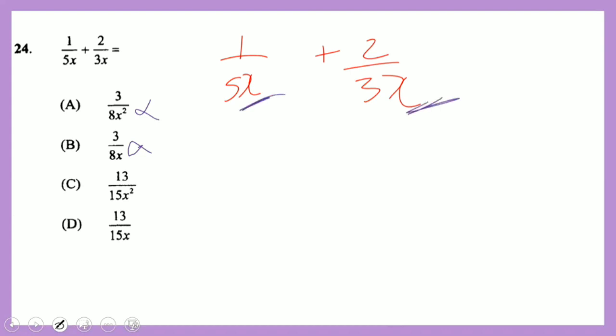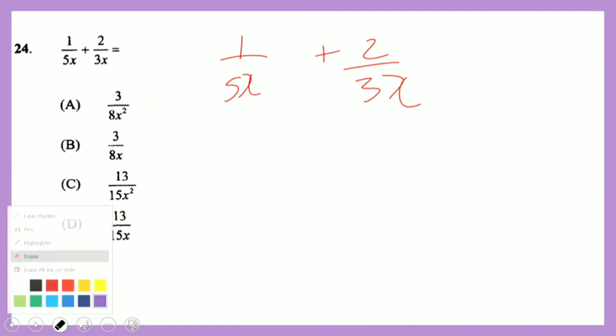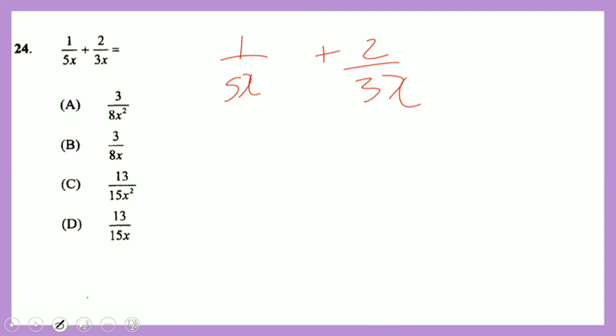What is the LCM for 5x and 3x? That is going to be 15x. So LCM 15x. And you can check out my video on adding fractions in general and adding algebraic fractions with lots of CXC questions.